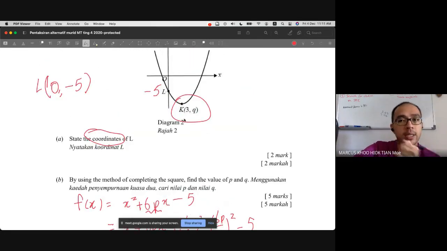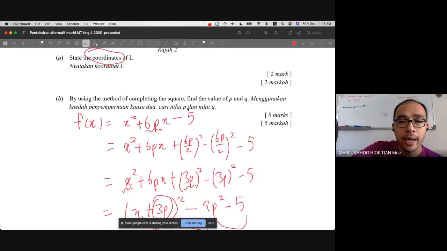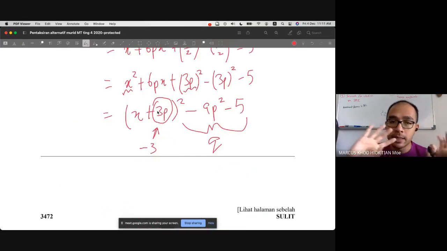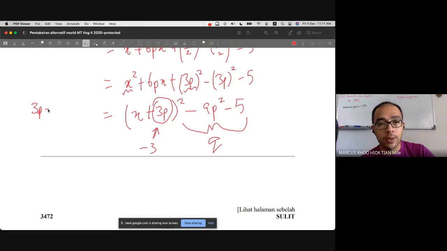It is just one of those rules lah. This x coordinate and this value over here, dia mesti terbalik. So, 3p equals to negative 3. Therefore, p equals to negative 1. Okay, that's how we understand this.